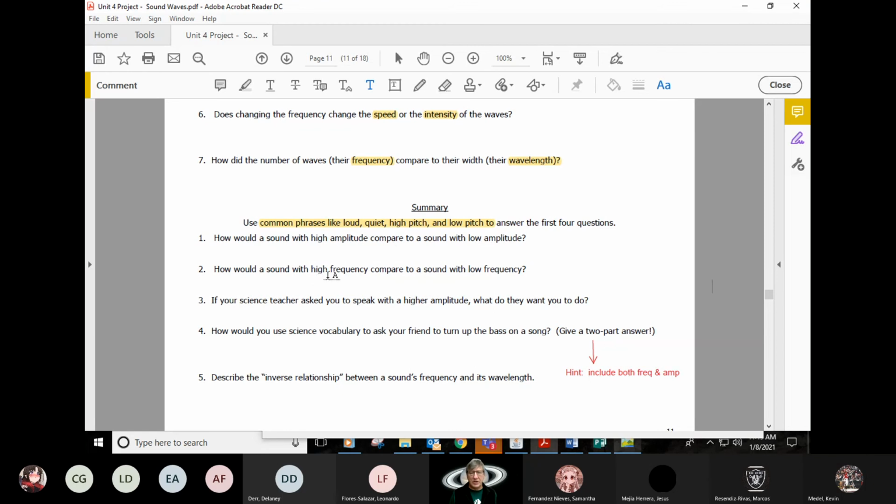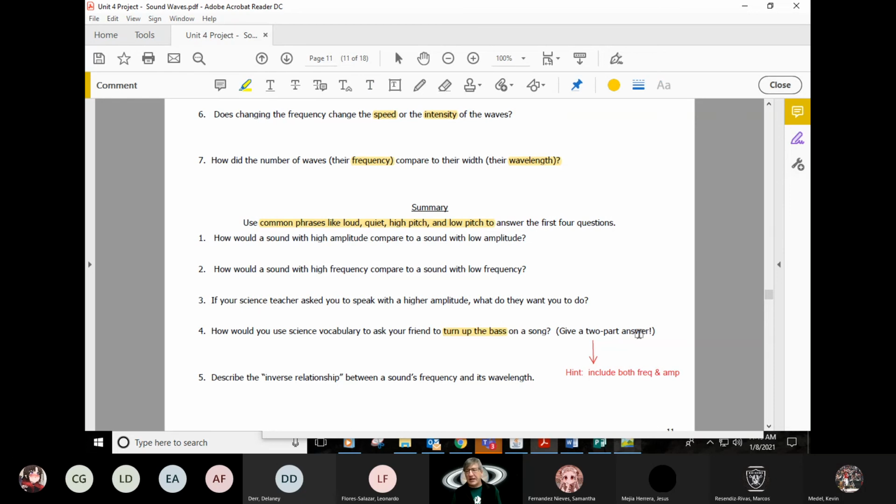Same thing for question 2. Take this science vocab and turn it into common phrases. Same thing with question 3. But question 4, I'm giving you the common phrase, turn up the bass, and I'm asking you to convert that into science vocabulary.